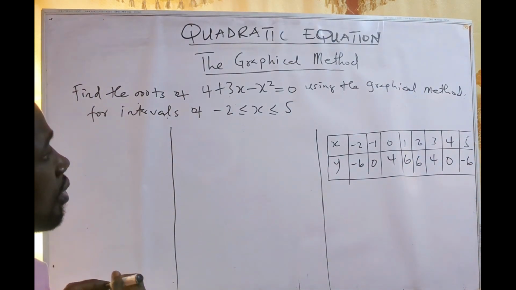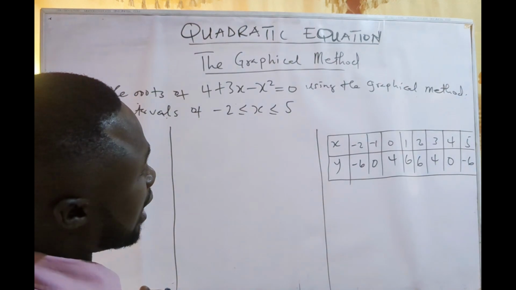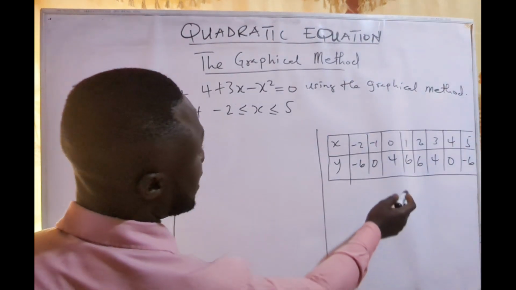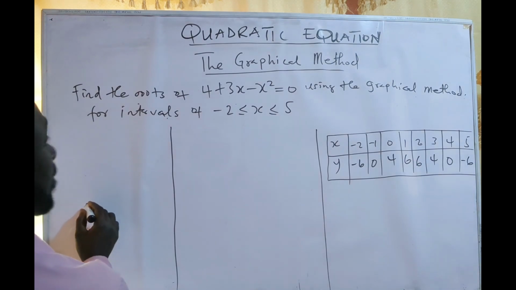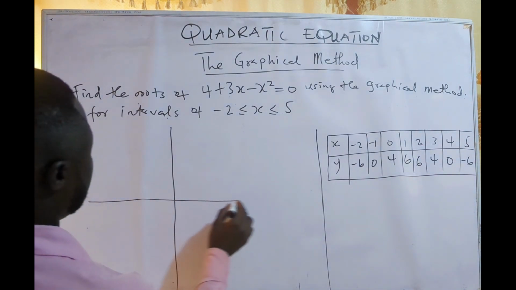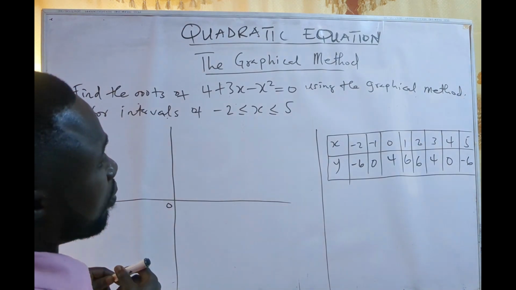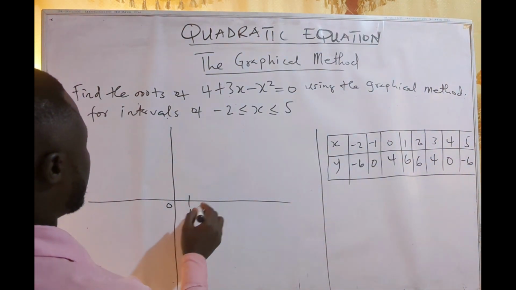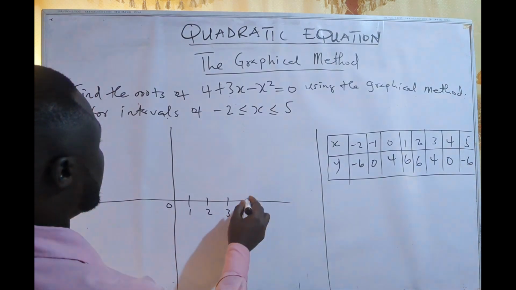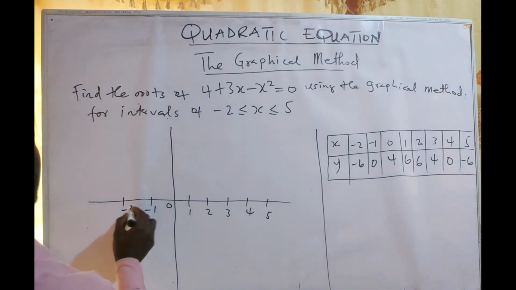So you draw your Cartesian plane lines. The highest value of the y is 6 and the least value is -6. So 0 is here. On the x, it starts from 1 to 5. So 1, 2, 3, 4, and 5. -1, -2.